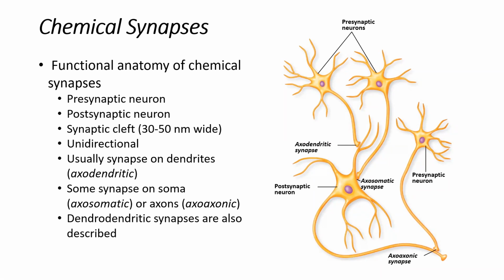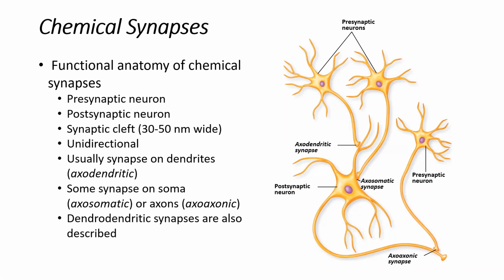Chemical synapses are much more prevalent, much more important, much more abundant throughout the body. Again, this is an area of functional communication between a presynaptic neuron and a postsynaptic neuron, always happening in one direction, from presynaptic to postsynaptic. There's a region called the synaptic cleft.